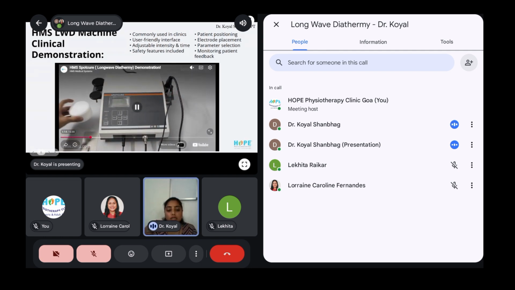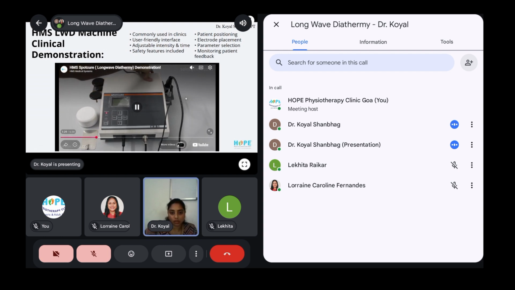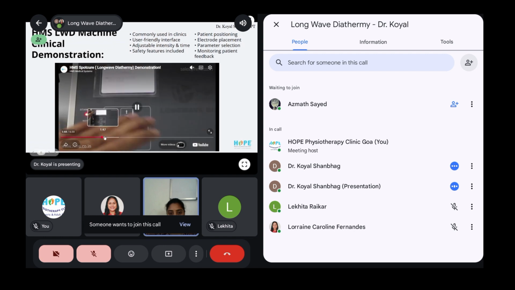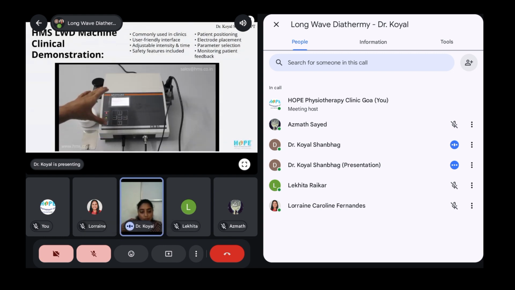The active one is through which the emission of current passes, and that is the applicator. And there is a gel that is given. This is a specific type of gel, and it should be used only with this machine. Also, we are first supposed to see if it is connected. There is a switch behind, and then the power button. Turn it on. Then we get these 2 modes, continuous and pulse.